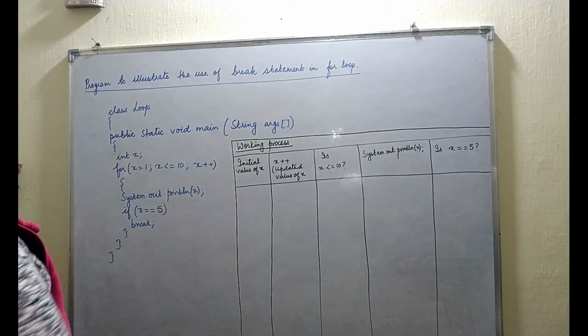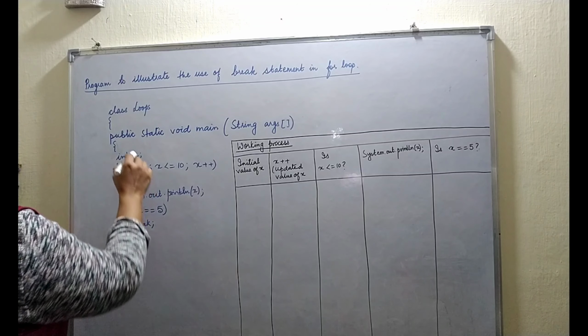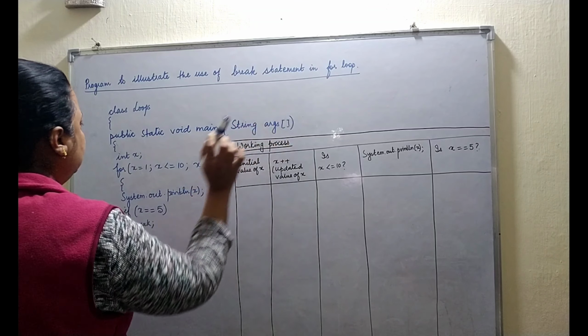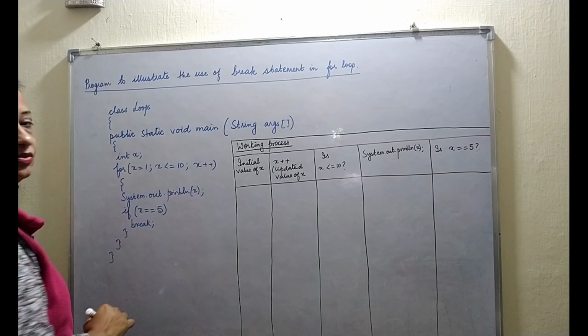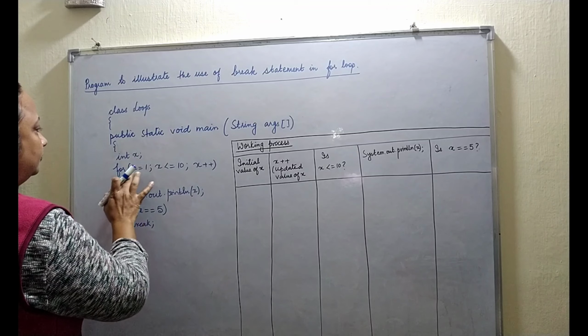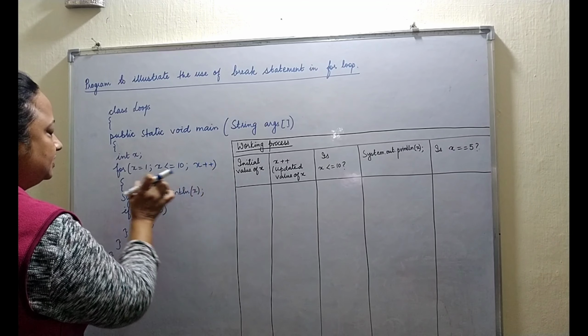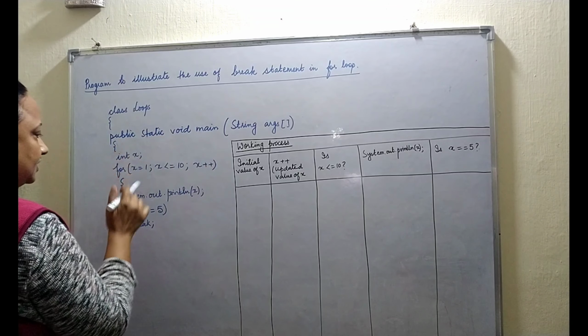Now let us discuss, with the help of a program, the use of the break statement in a for loop. I have written here class loops, the main method, public static void main, String args, int x, where x is the loop counter variable. For x equals 1, x less than or equal to 10, x plus plus: initialization, test condition, update.